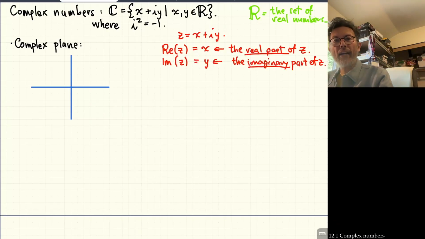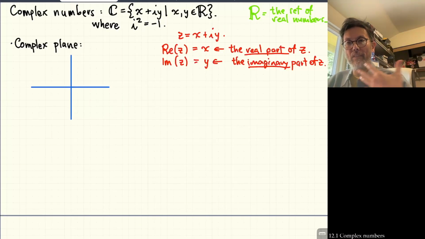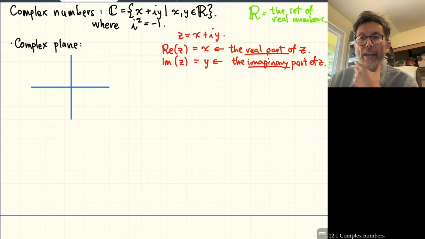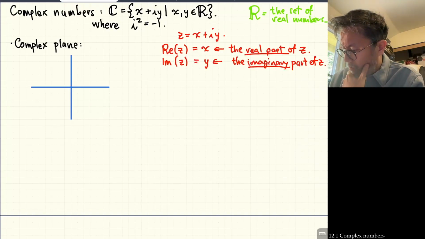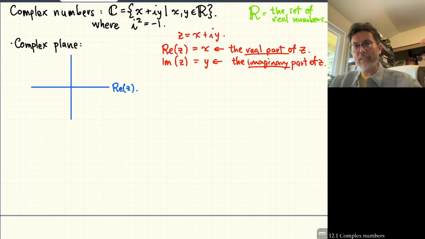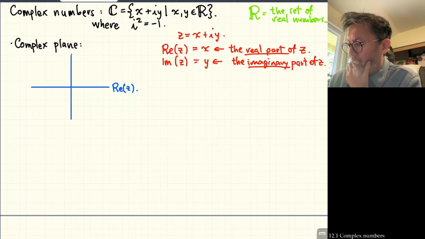And we can visualize complex numbers like z equals x plus iy in the sort of xy plane if we say that the horizontal axis is going to track the real part of z, just like the x-axis will track the x component of vectors.